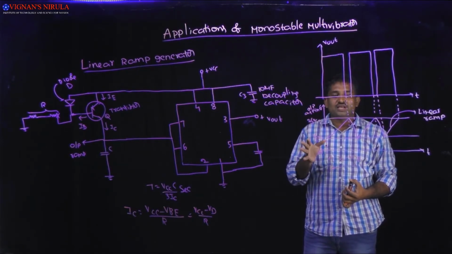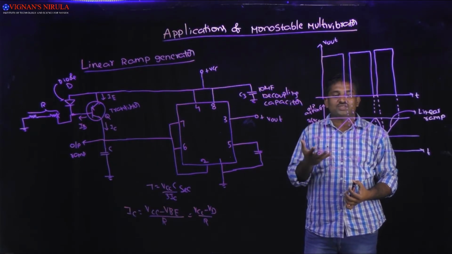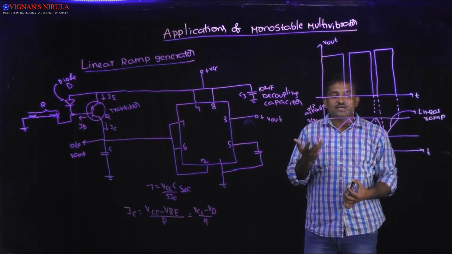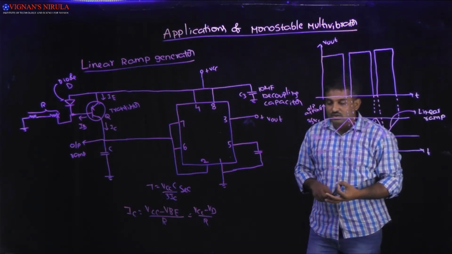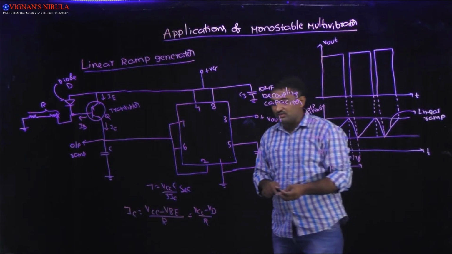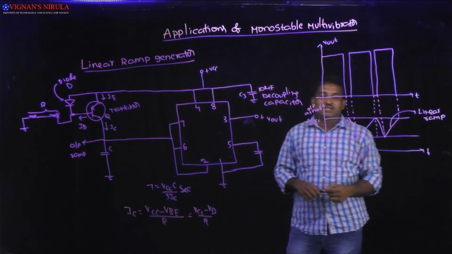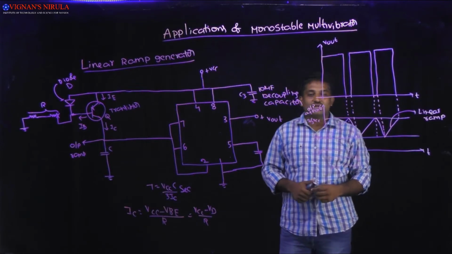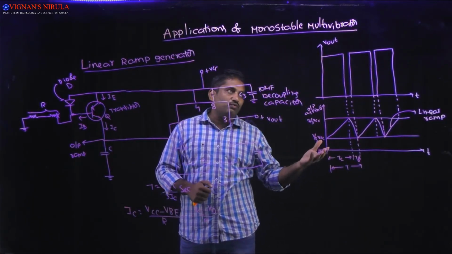Generally we consider the total time T equal to charging time plus discharging time, but TD is very small compared with TC, so we consider T equal to TC, and the total time required for charging the capacitor is equal to VCC into C divided by 3 into IC. Here I am representing the input and output waveforms.